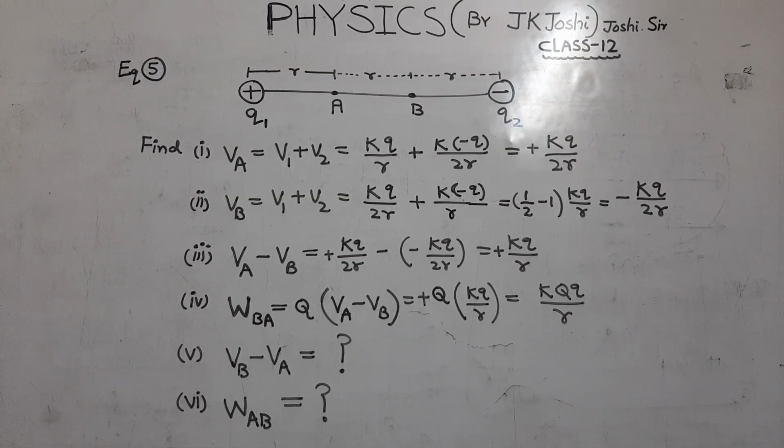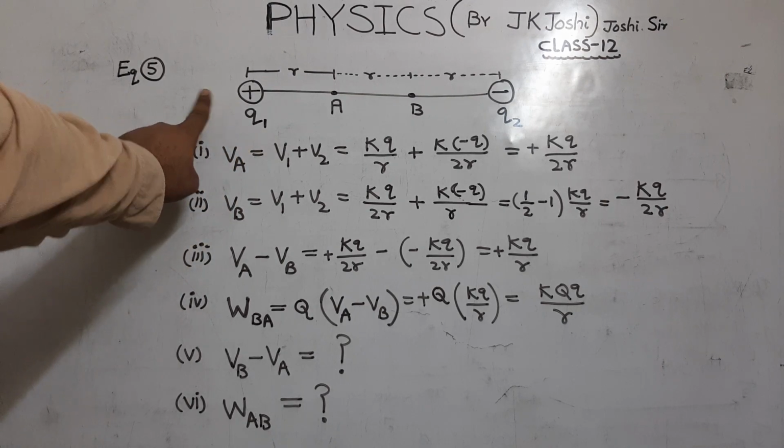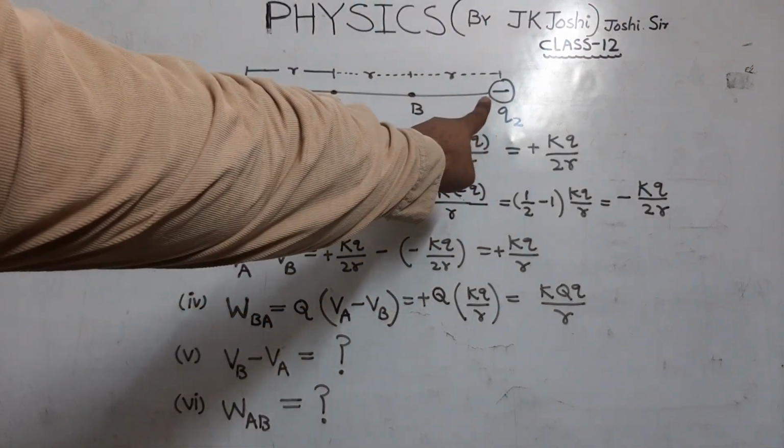A very good example, that is example number 5. We have a pair of 2 charges. They are equal in magnitude but opposite in nature. Charge Q1 is positive whereas charge Q2 is negative.